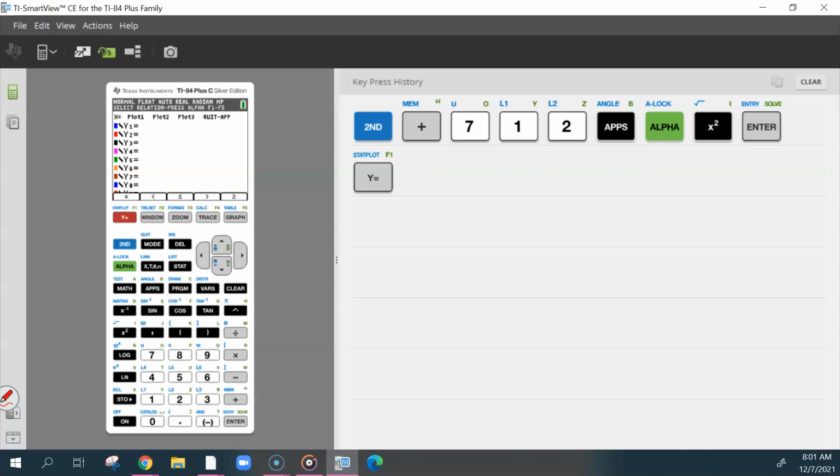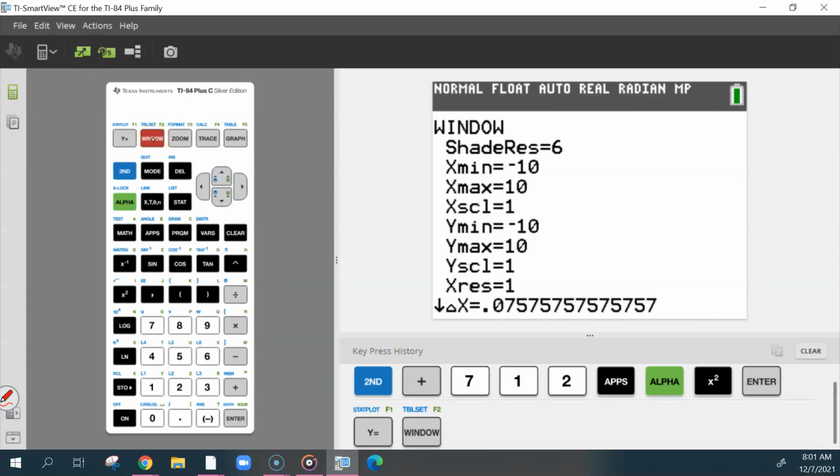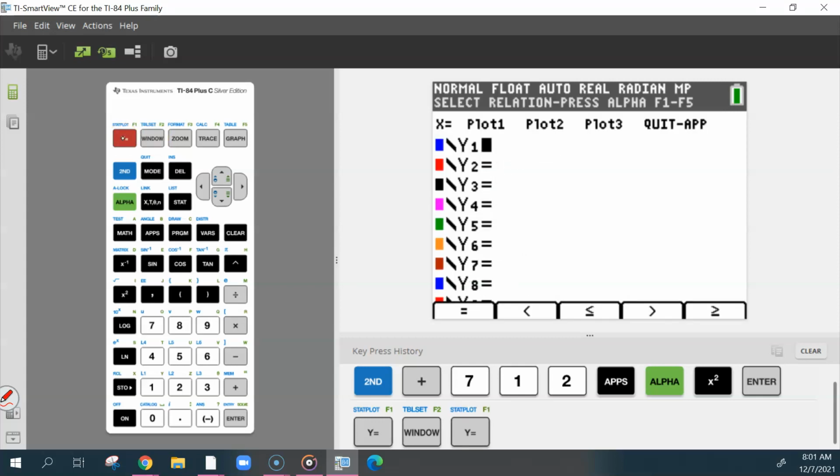I'm going to put those two in, and the first one needs to be less than, and the second one needs to be greater than or equal to. So if the first one is less than, I'm going to hit window. Oops, except I need to actually be on the thing. Maybe second window? No. Alpha window, there we go.